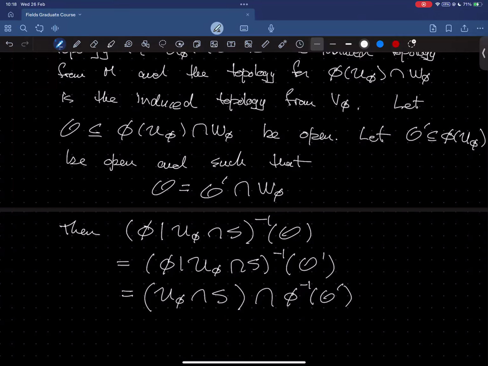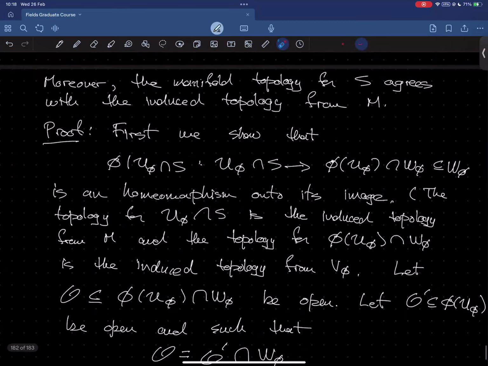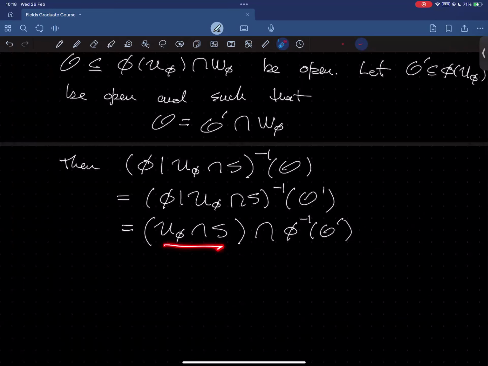Okay. Why is that? This comes from the fact that I'm essentially inverting phi on this set, and so this mapping is a bijection from here to here. Okay, and I'm just taking the pre-image of that, and so I just get this. But then I have the points in O prime, and I take the pre-image of those under phi as well. All right.